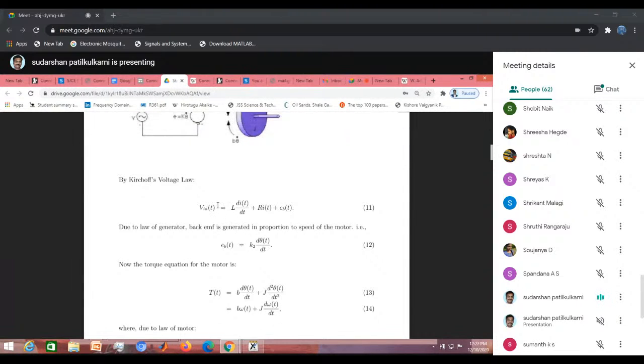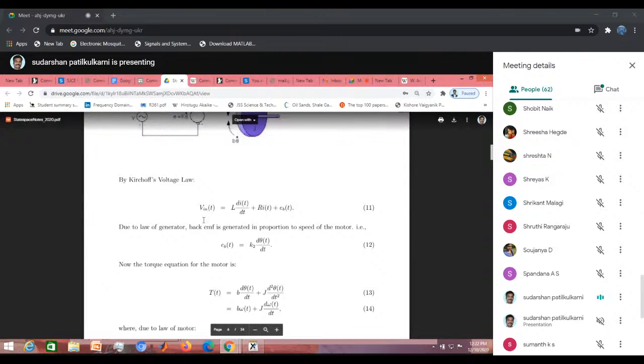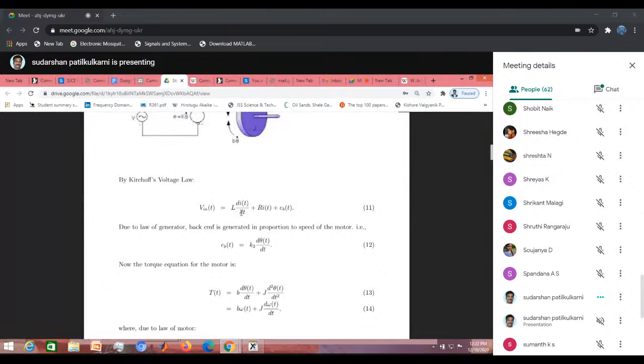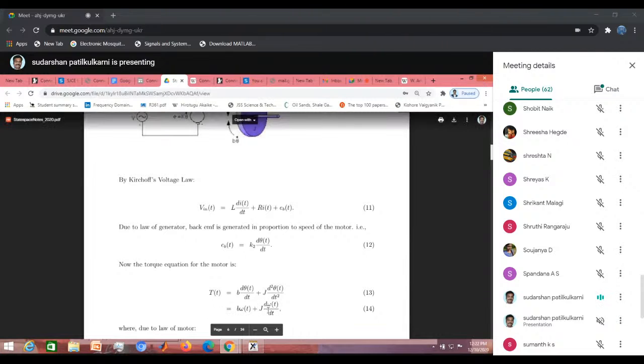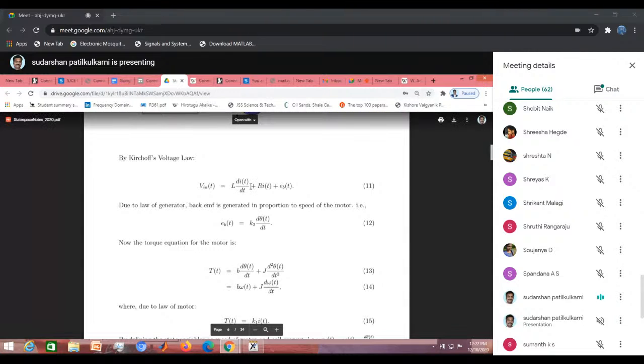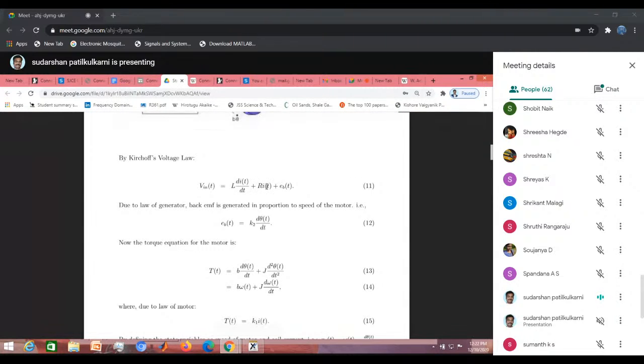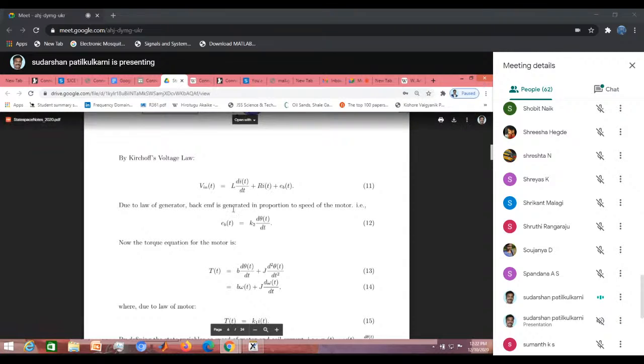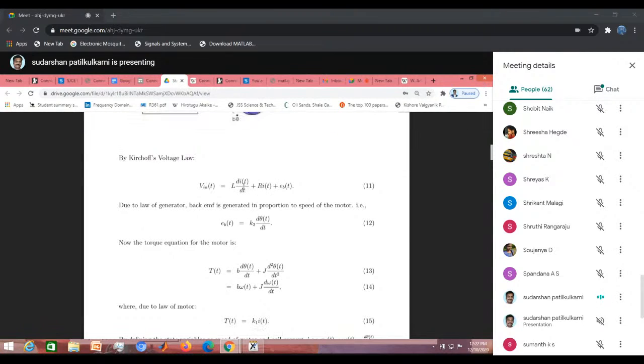And we have one differential equation of the first order here, another differential equation which is also of the first order if you consider omega of t. So we have two differential equations, and they are first order differential equations.